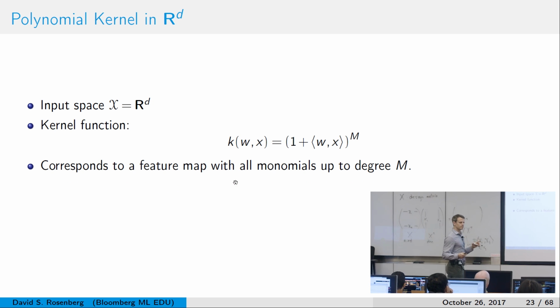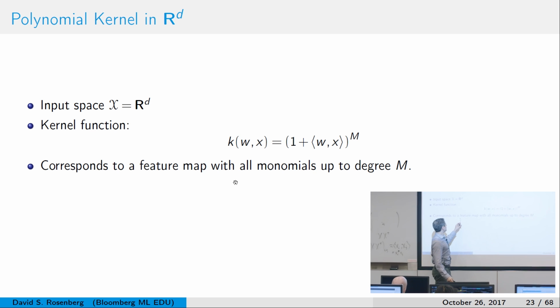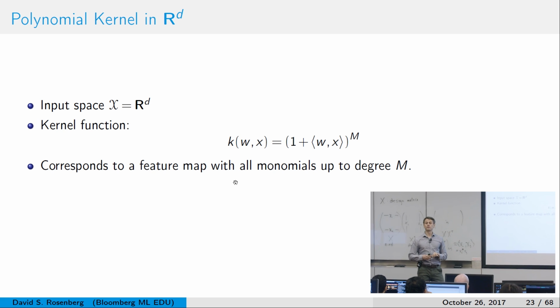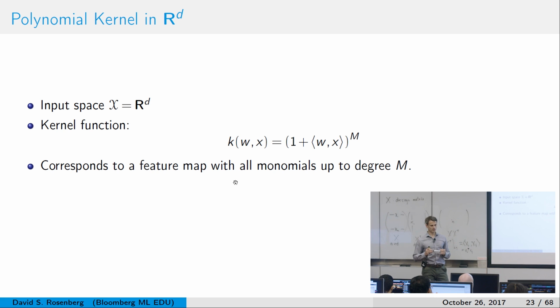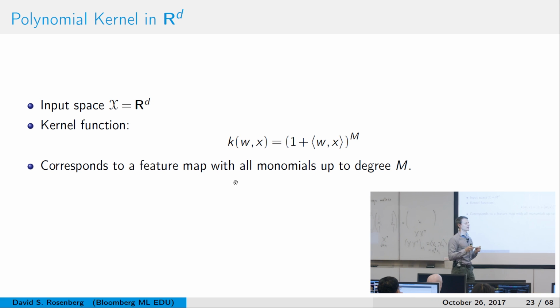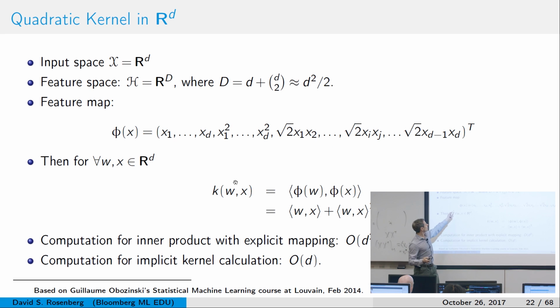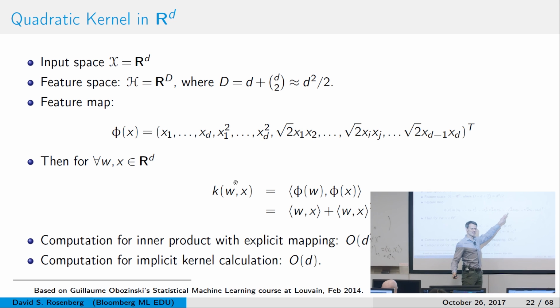I will say just one caveat: in that feature map, the monomials have different coefficients than 1. When we made our featurization with all interactions, each feature was just the interactions of the x. The feature map corresponding to this kernel has different coefficients on those monomials. Just like for the quadratic, the square root of 2 snuck in there.